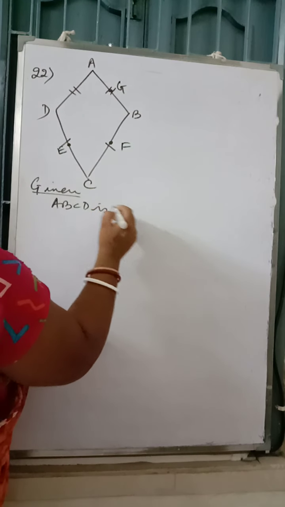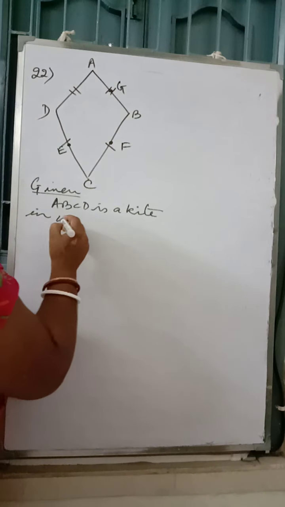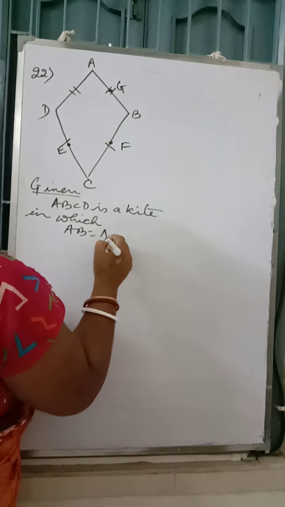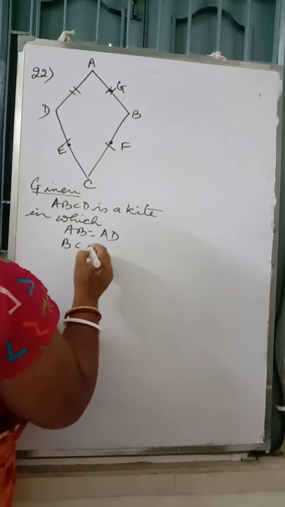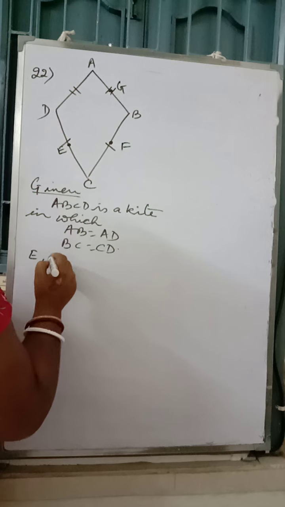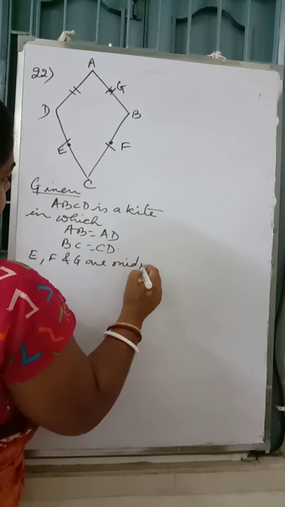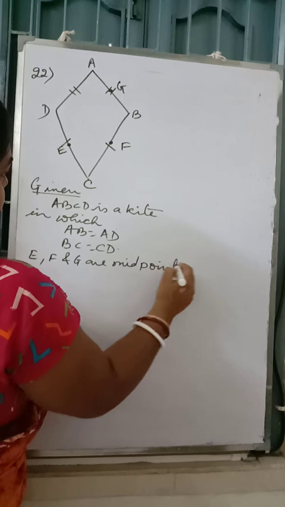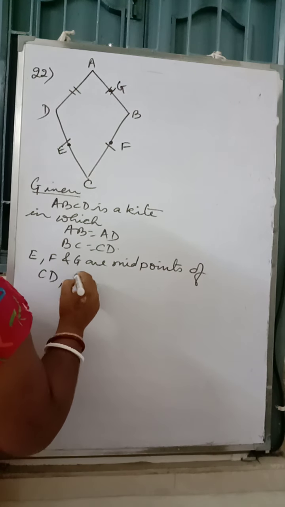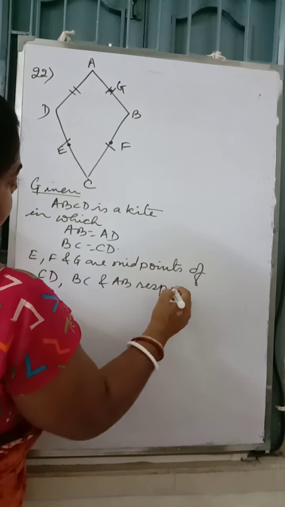Given: ABCD is a kite in which AB is equal to AD and BC is equal to CD. E, F and G are midpoints of CD, BC and AB respectively.